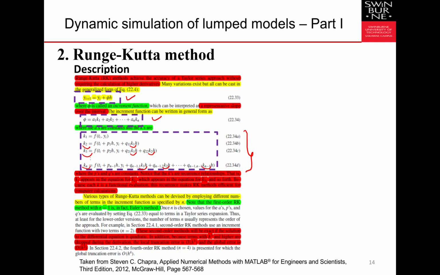For the second order Runge-Kutta method, the error will be equal to the step size raised to 3, whereas for the fourth order Runge-Kutta method, the error will be equal to the step size raised to 4.